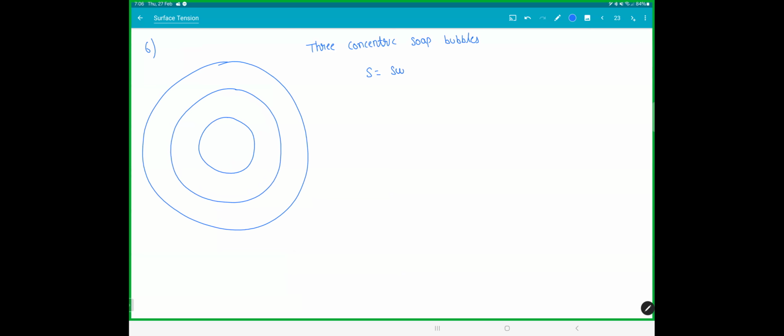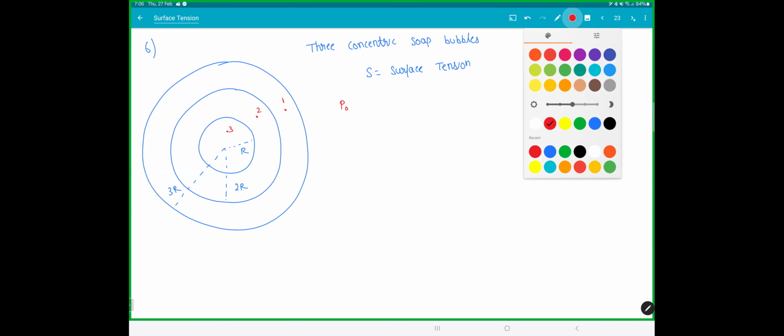S is the surface tension. Let this be radius r. Let this be radius 2r. Let this be radius 3r. Outside the pressure is P naught. Let this point be 1. Let this point be 2. Point be 3. Find the pressure at 1, 2, 3.